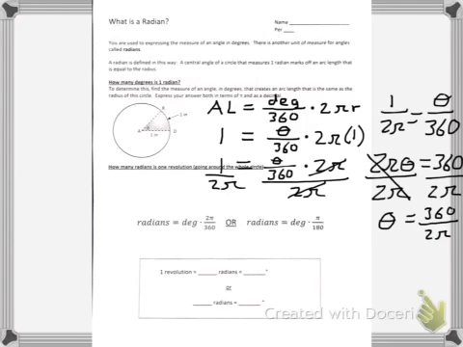I can simplify this because 360 divided by 2 is 180. So in terms of pi, theta equals 180 over pi. If I punch that in a calculator to get the decimal version, I get 57.3. So theta equals 57.3.